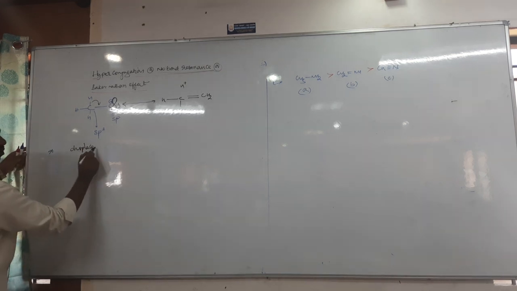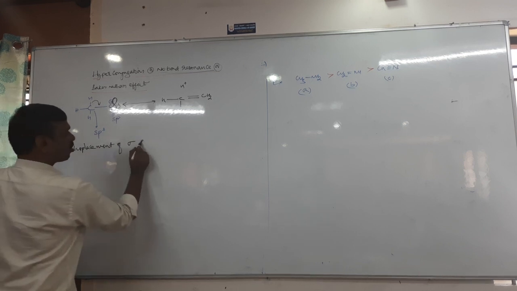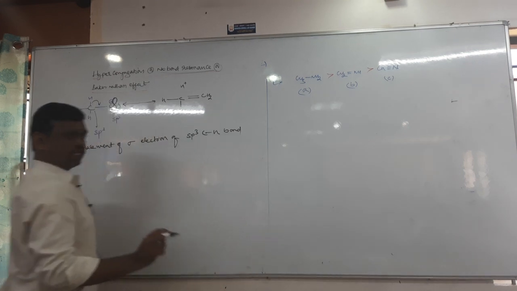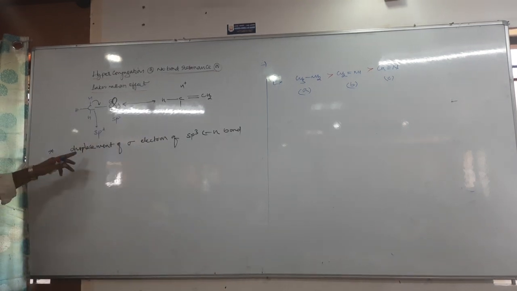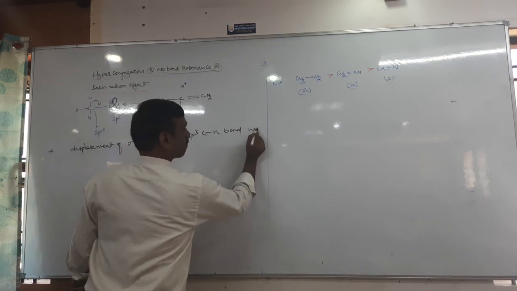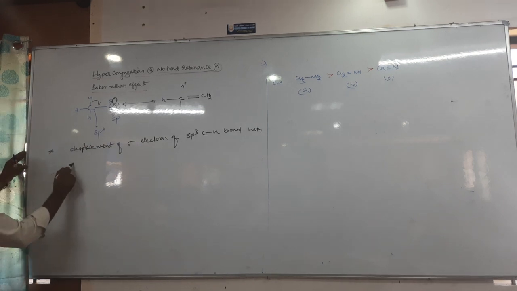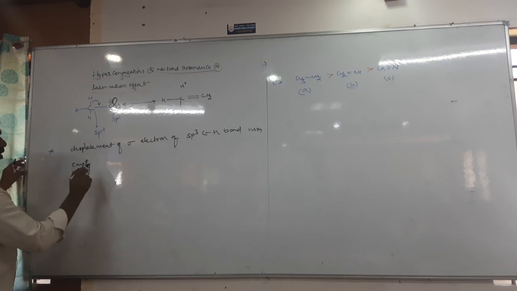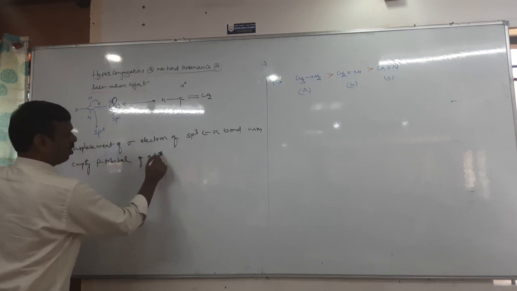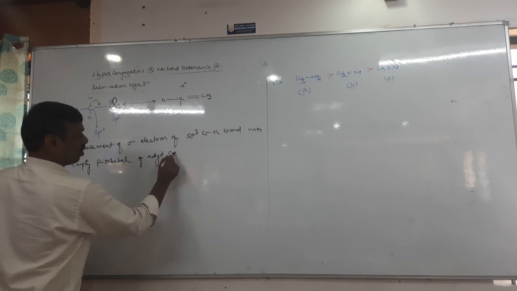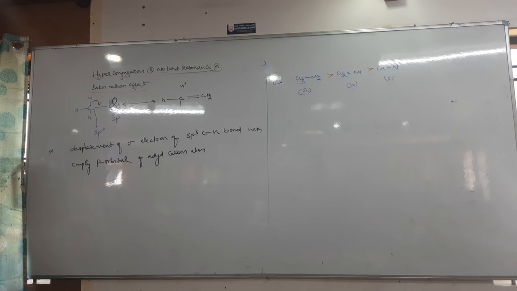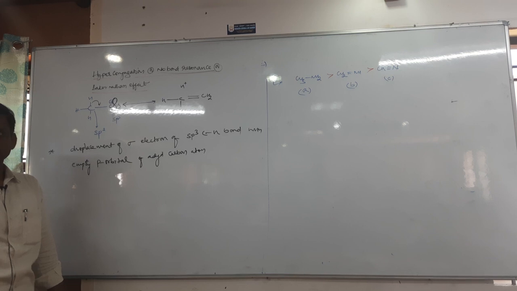Displacement of sigma electrons of sp3 CH bond with the empty p orbital of adjacent carbon atom, called hyperconjugation.